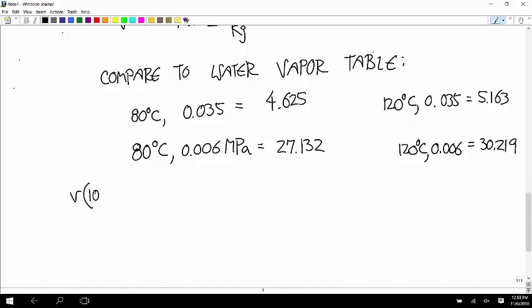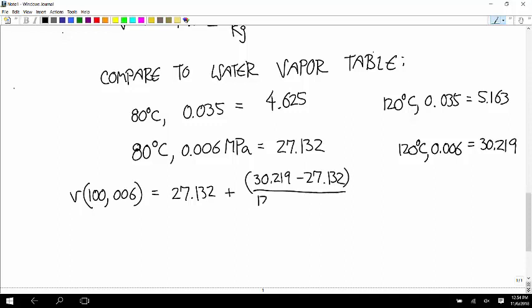So at 100 and 0.006 is 27.132 plus quantity 30.219 minus 27.132 divided by 120 minus 80 times 20. Can someone punch that in?